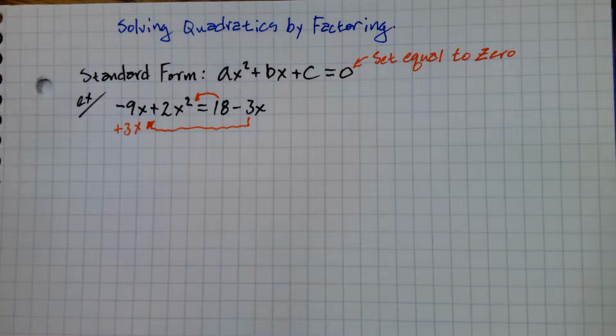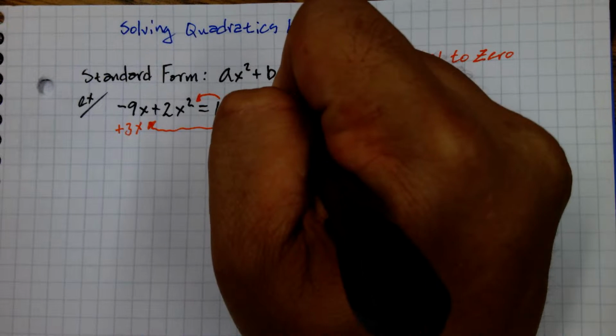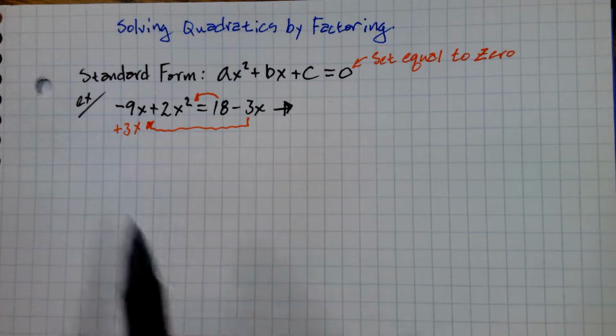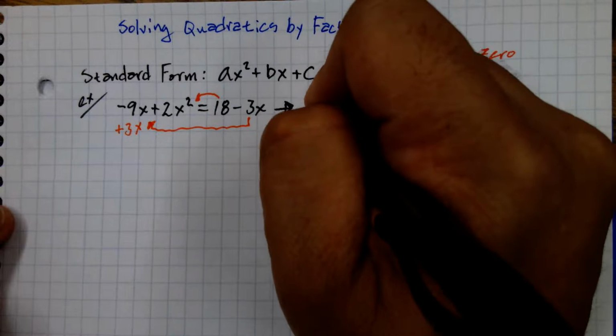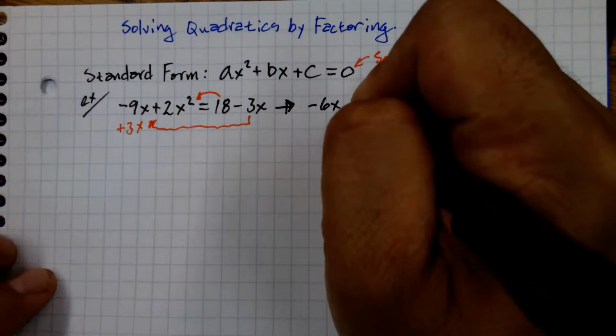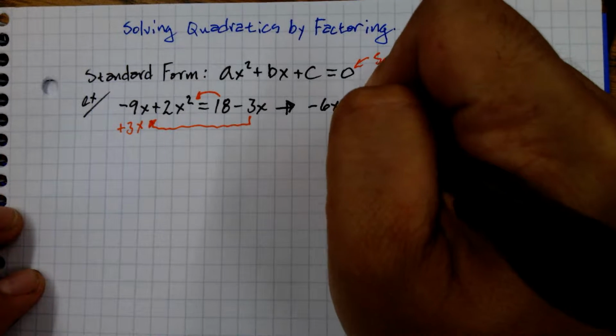So let's kind of clean that up. Looks a little messy right now. So next step over here, negative 9x and positive 3x becomes negative 6x. Then we didn't do anything with 2x squared, right?